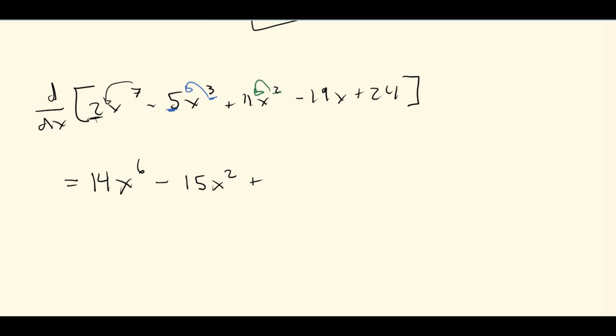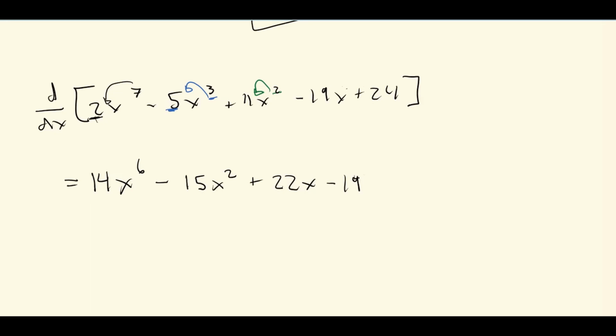So we're going to get 22x. 2 times 11 is 22. 2 minus 1 is just 1. And we have a minus 19x. We can bring that 1 down. We're going to get minus 19, x to the first minus 1 is x to the 0th, which is just 1. So we get a plain 19.